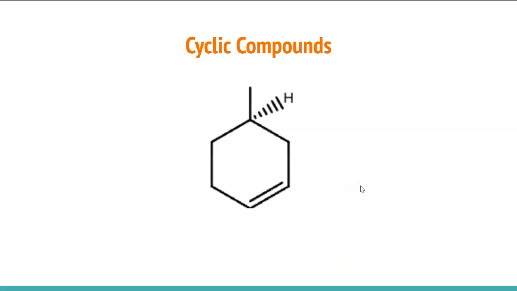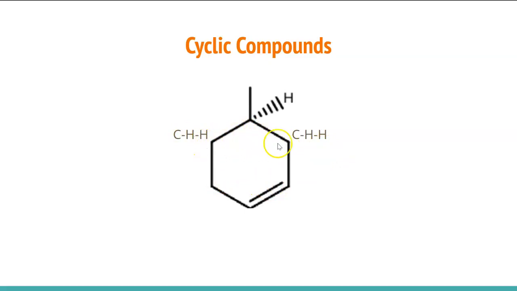Finally, for the 5th example here, we can look at some cyclic compounds. I did want to point out that this does have a chiral center. These are not the same molecule on either side because of the double bond here with the cyclohexene ring. When you are trying to determine which substituent group is going to take the 1st priority, or the heavier priority, you really have to compare down the ring until you find a difference.